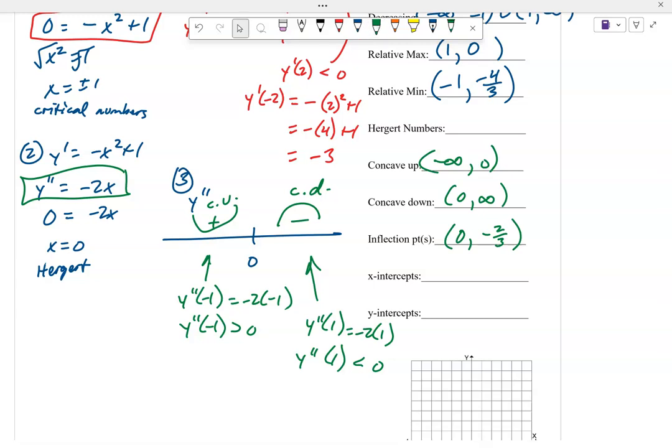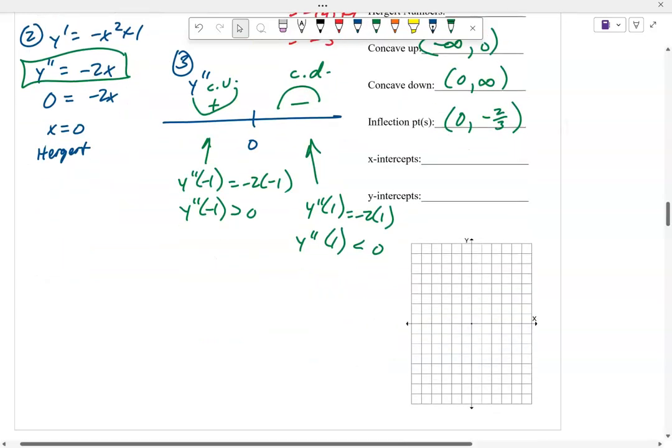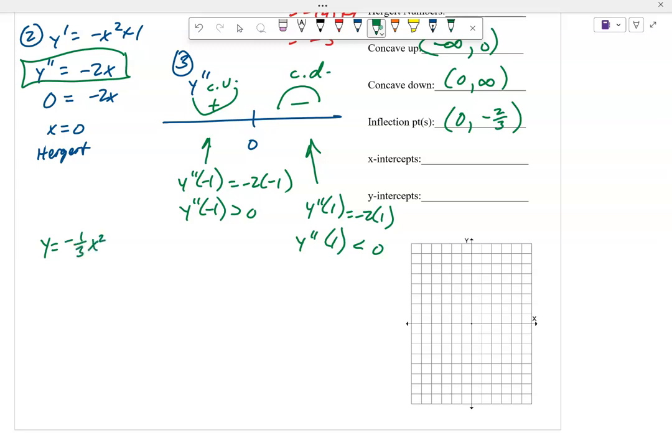And then our x-intercept. Well, what's our x-intercept here? Our original function is -1/3 x cubed plus x minus 2/3. Where's our x-intercept? Where's y equal to 0? -1/3 x cubed plus x minus 2/3.